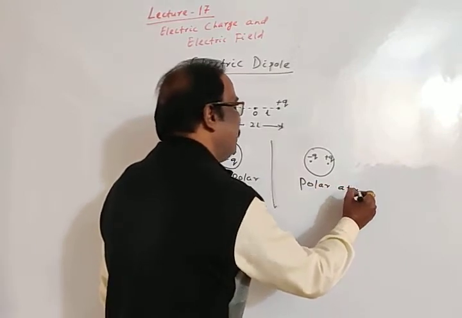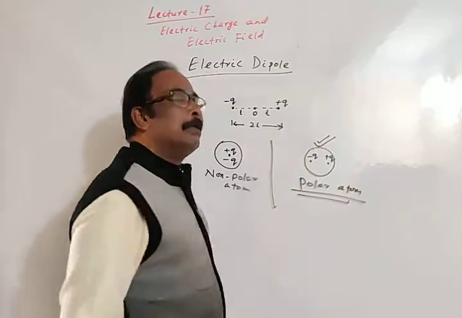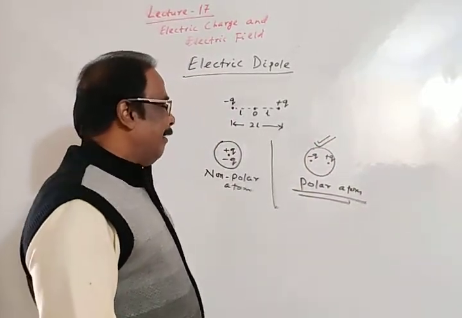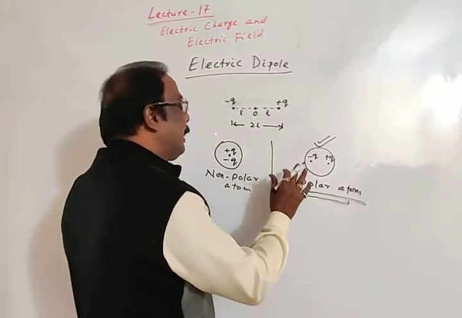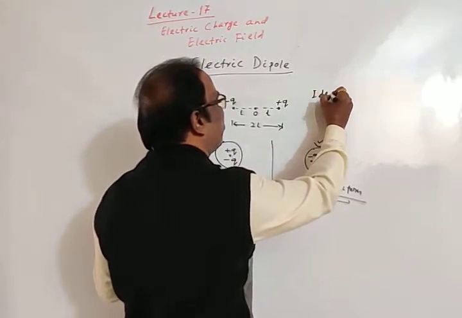Usually a polar atom consists of an electric dipole. Next, this is an electric dipole. Then what do we mean by an ideal dipole?